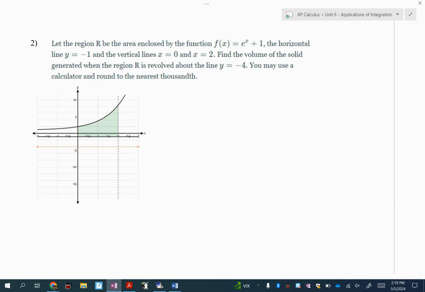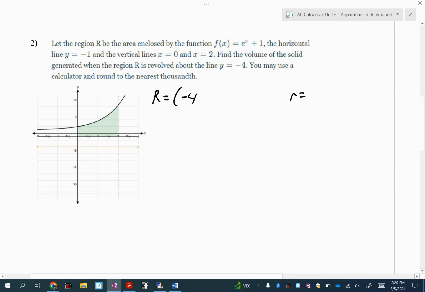All right, here we go. We are revolving this area between an exponential function, e to the power of x plus 1, and we also have y equals -1. We're revolving it around y equals -4. So when I figure out my capital R and my lowercase r, I'm going to be doing -4 minus something.